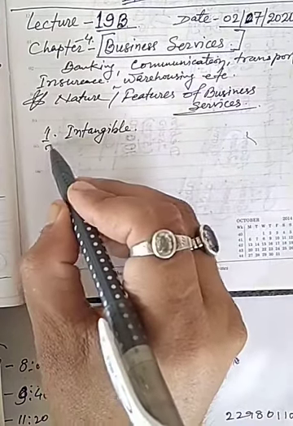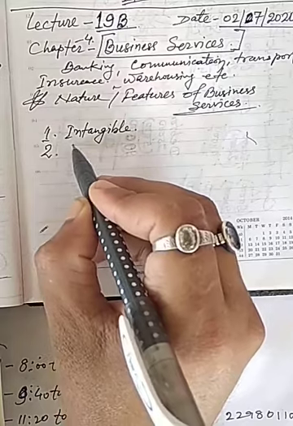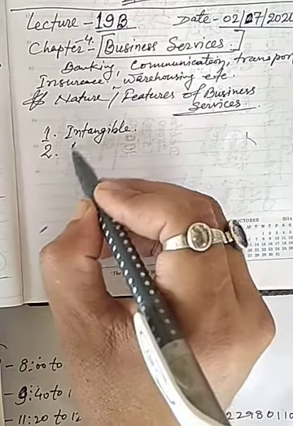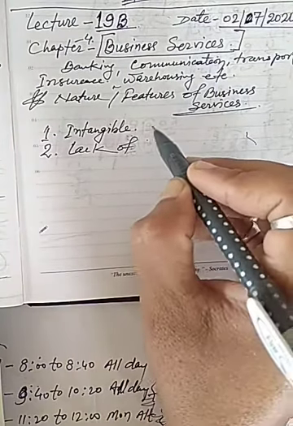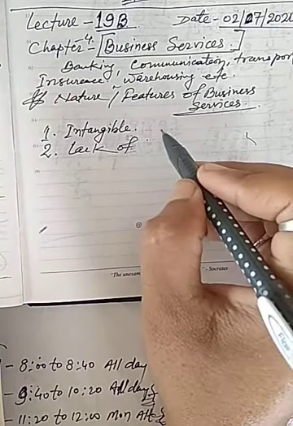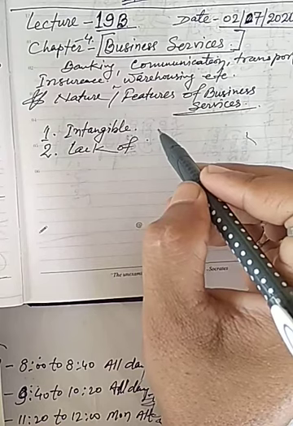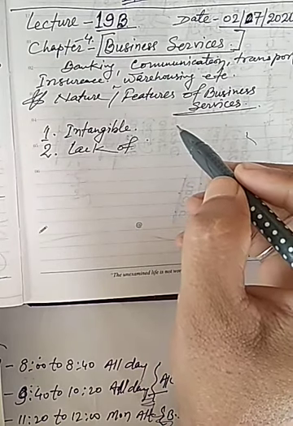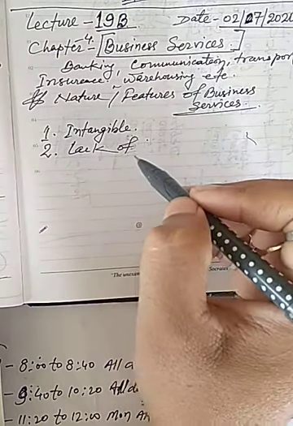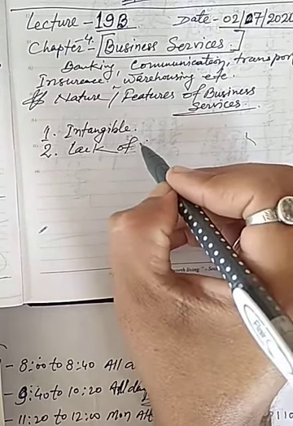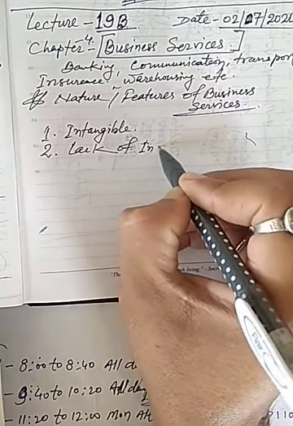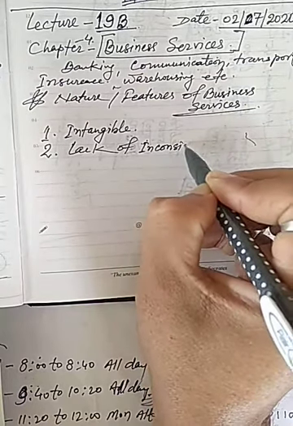Now, the second point is lack of homogeneity, or we can say lack of consistency.